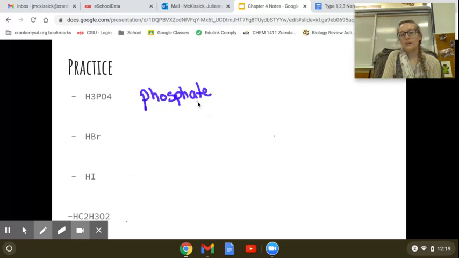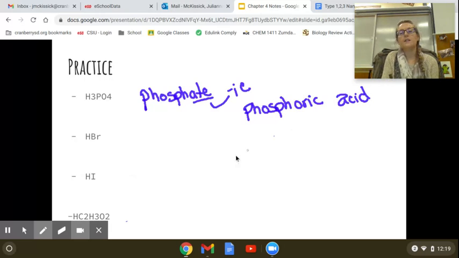Okay, and because it ends in ATE, we're going to change it to IC. Remember, ATE, IC? So phosphoric acid is going to be the correct name. Again, because it has that oxygen, we don't put hydro in the front. That's only if it doesn't contain oxygen. And we changed it to IC from ATE because that's what rule 2 says.